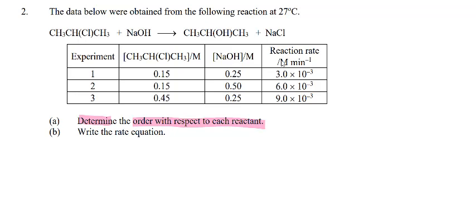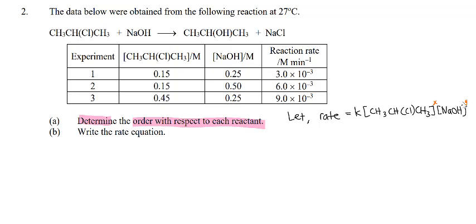So for the initial rate method, we are going to write down the general rate law. Let rate equal k[CH₃CHClCH₃]ˣ. We put one unknown here, and also [NaOH]ʸ.